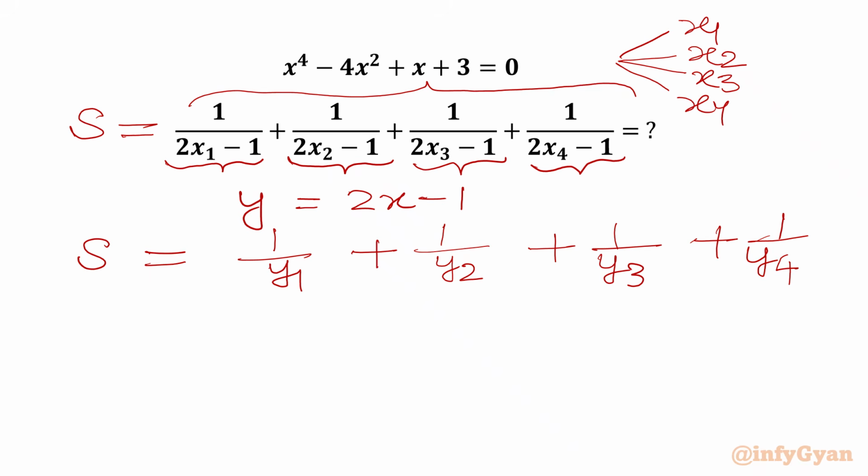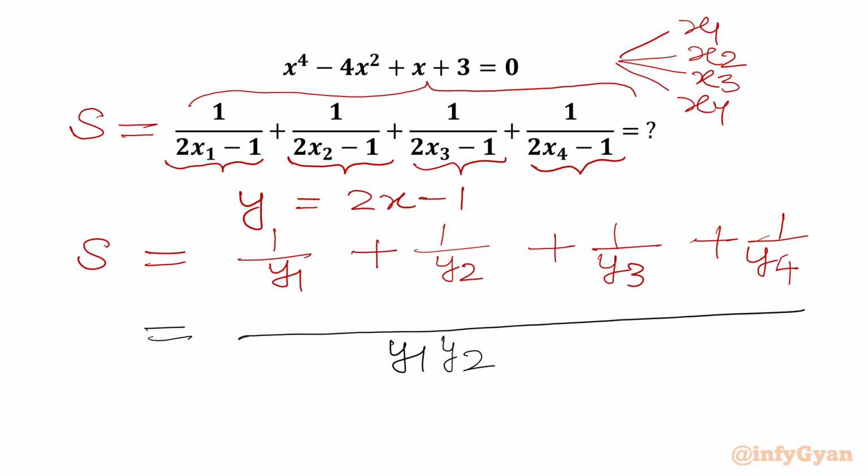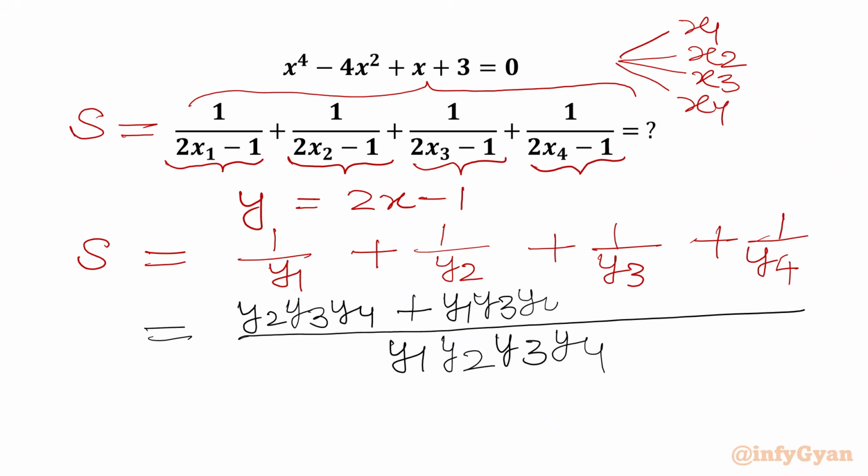Now we will take LCM. So I need to write the common denominator as the product of all four denominators y1, y2, y3, y4. In the numerator, the first term we can write y2, y3, y4 plus y1, y3, y4 plus y1, y2, y4 plus y1, y2, y3.